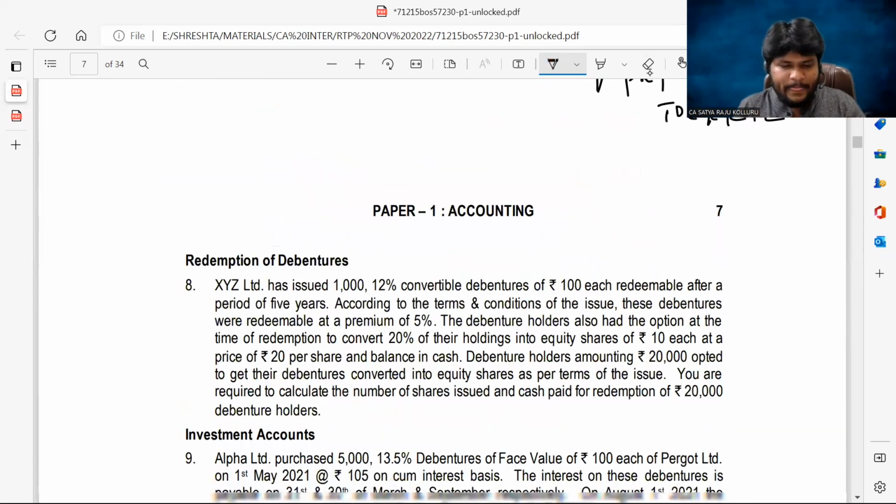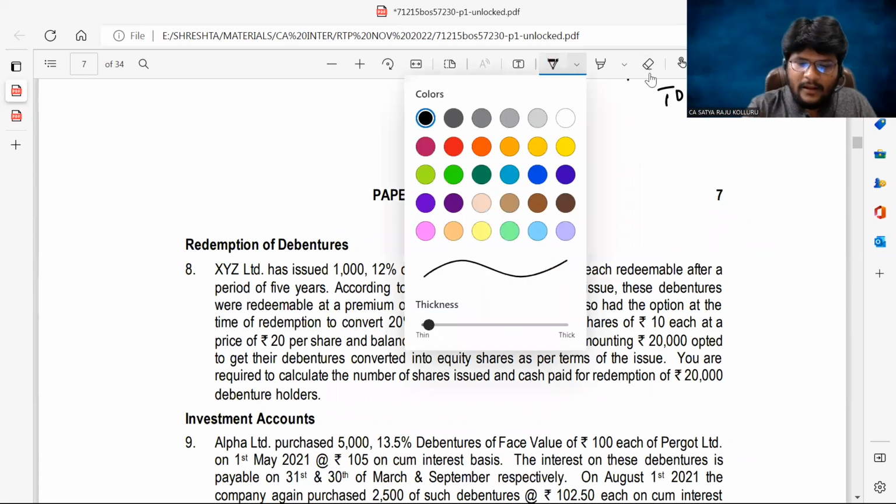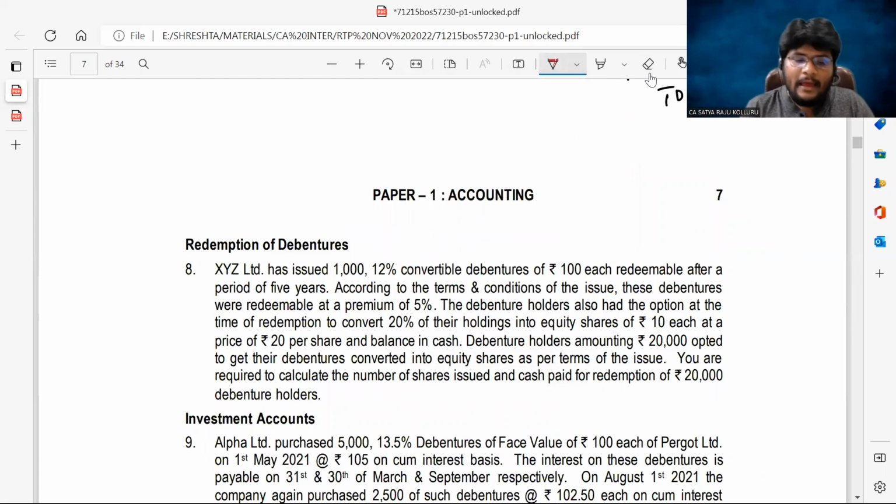Go up. So the next chapter is all about redemption of debentures. Concentrate. Sir, in redemption of debentures, actually we learned so many scenarios. Redemption of debentures may happen through preparation of debenture redemption reserve.